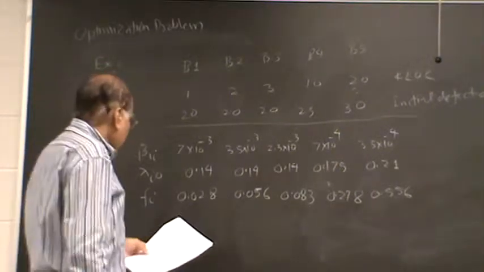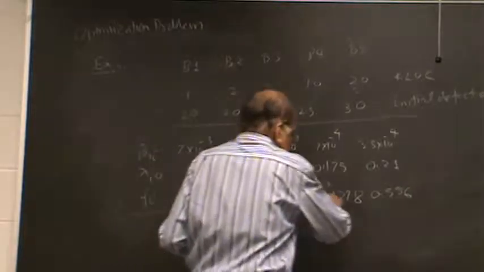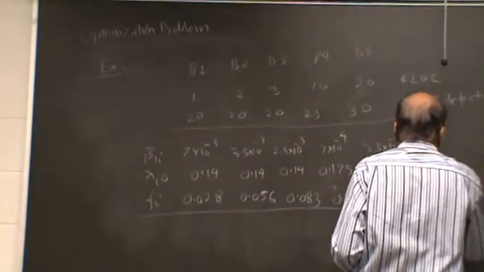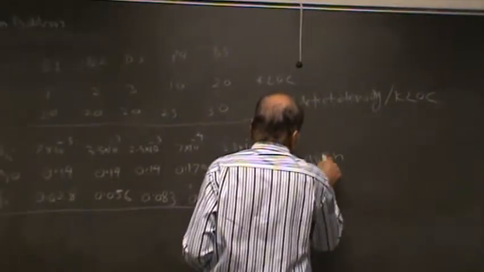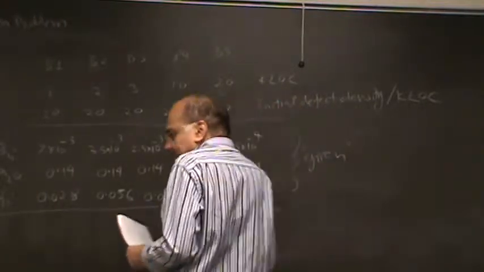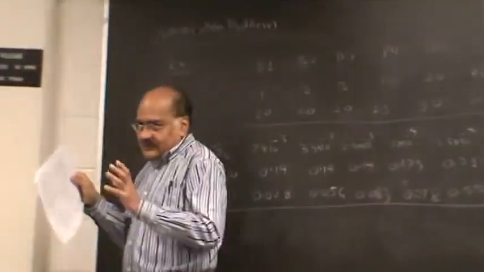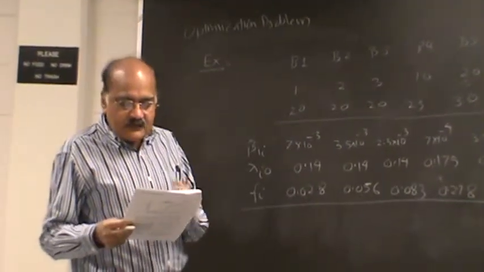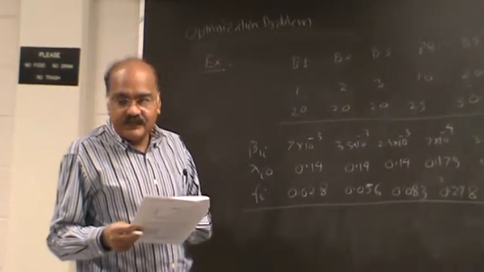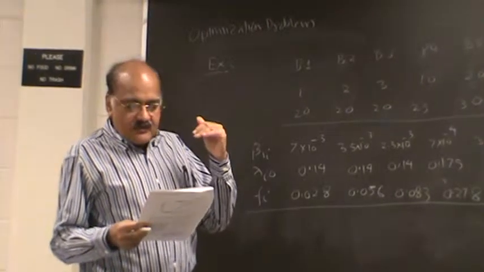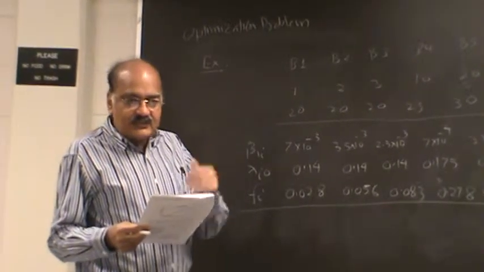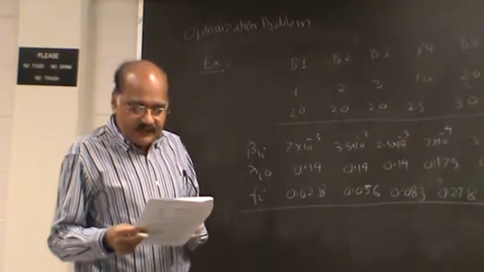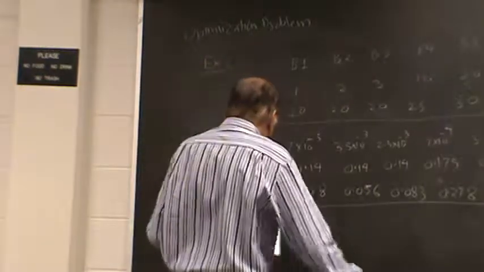So these are the given values for the example, and you have to apply the optimization problem and find out the optimal testing time and the resulting failure intensity that you would achieve at the end of the testing time.